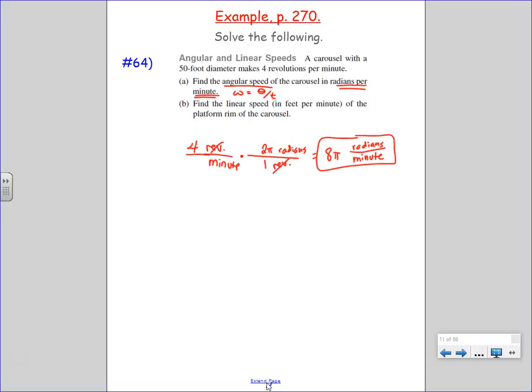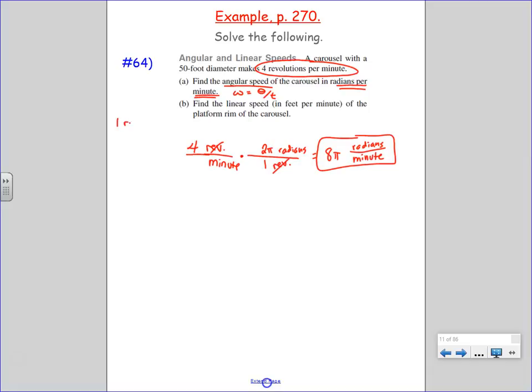Yesterday, in this example, the last one we were working on, we knew 4 revolutions per minute. Revolutions. We needed to change to radians. What did we write down in our notes about the relationship of 1 full revolution and radians?